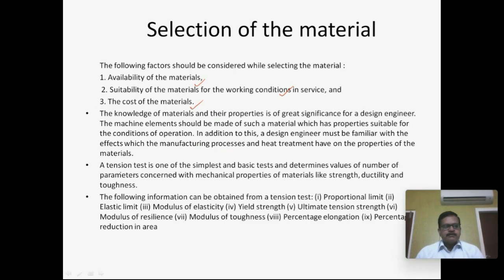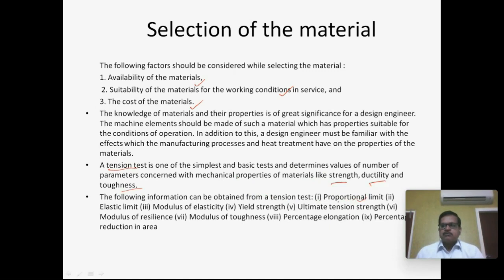A tension test is the simplest and the basic test which determines the values of a number of parameters like strength, ductility and toughness. So these things can be understood by the simple tension test. The following information is obtained from the simple tension test.